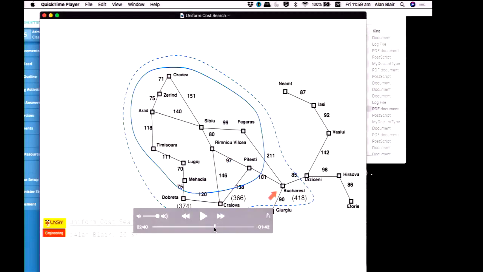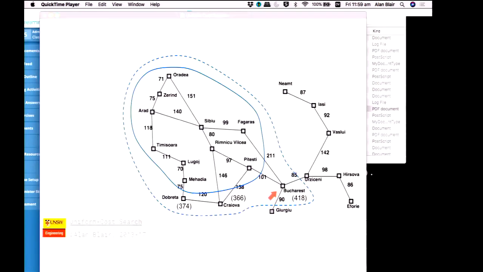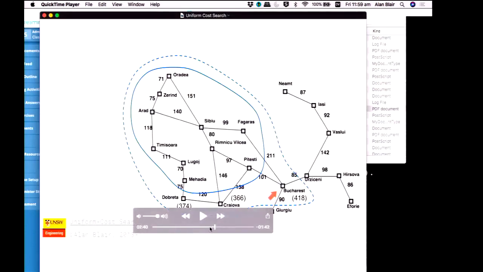Now, if I keep searching, then I find a shorter path. I say, okay, now I know a new path that's only 418 that comes through Pitești, so I throw away the previous one. I don't keep it in memory. Previously I had this 450 in memory, now I've thrown that away and just kept the 418.